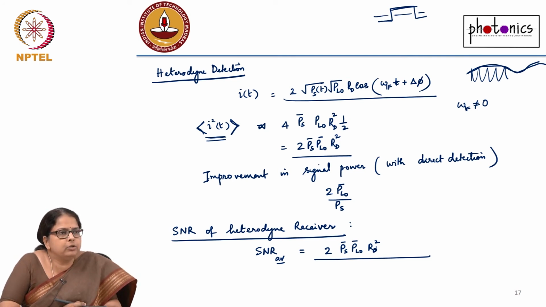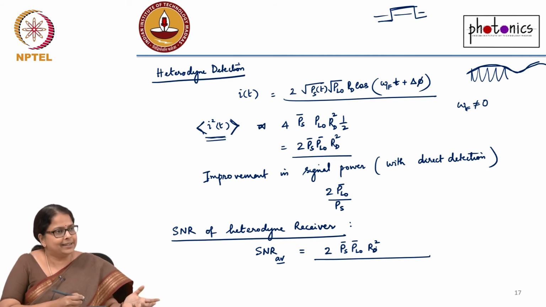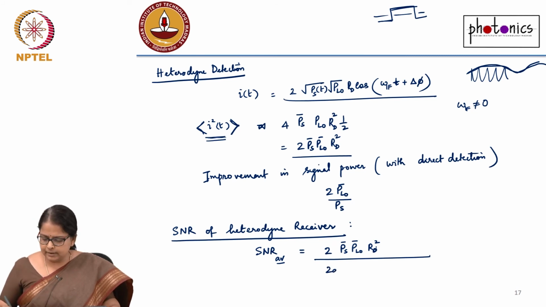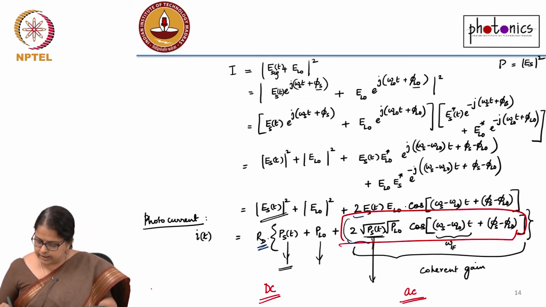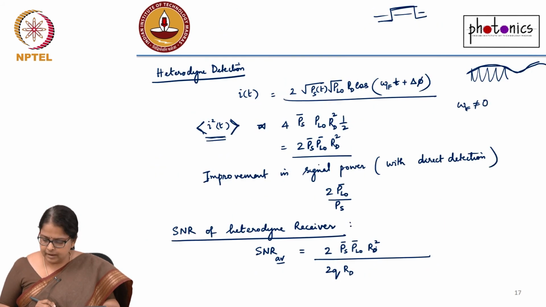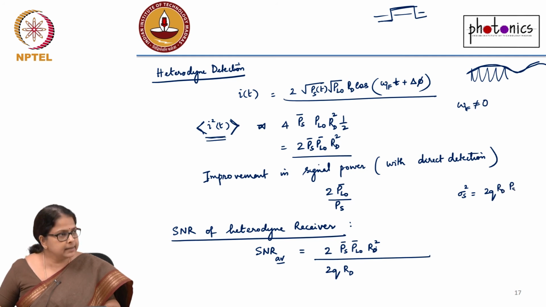Should I do shot noise? Should I do thermal noise? Should I do both? I just do shot noise because that's the whole idea, right? I wanted to push it to only a shot noise limited system. So I just have to worry about shot noise. And what's a shot noise? Twice q RD. This is my 2 Es ELO was my intensity. So what should be the corresponding shot noise? What should I write? I know that sigma S square is equal to twice q RD times PS.